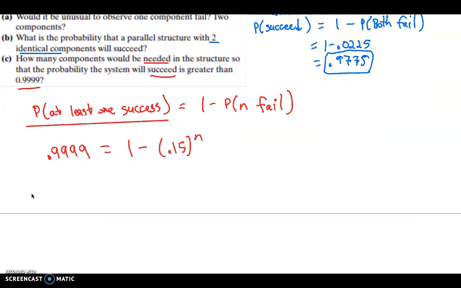Now, to solve this equation, we need to isolate our variable. I'm going to add the 0.15 to the n to both sides, just to make that positive, and then subtract the 0.9999.